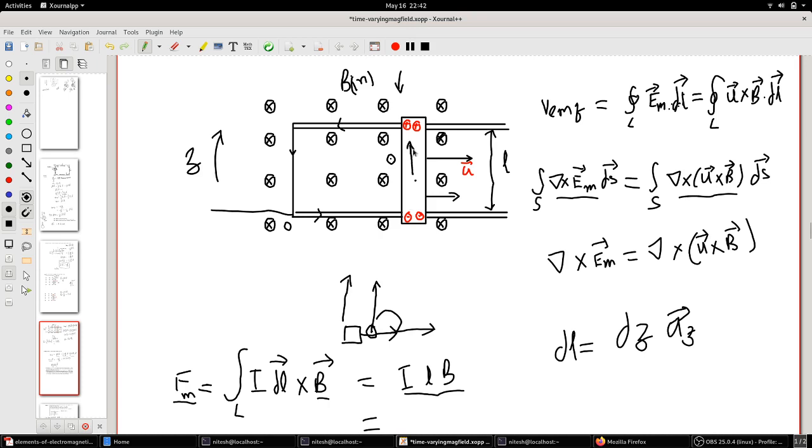So u cross B will be in this direction, which is the direction of my current. It's also the direction of EMF.